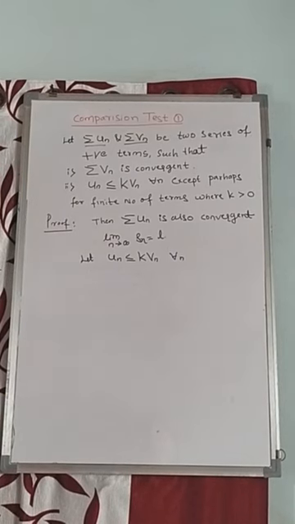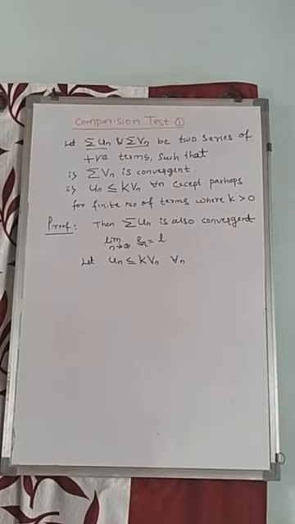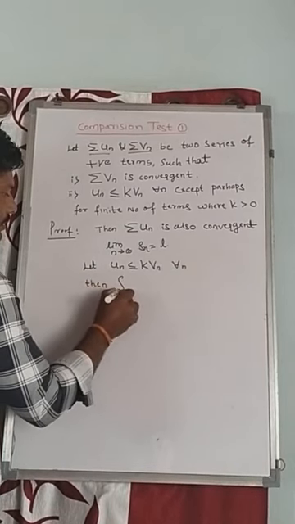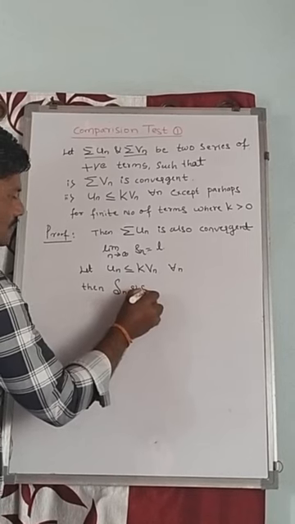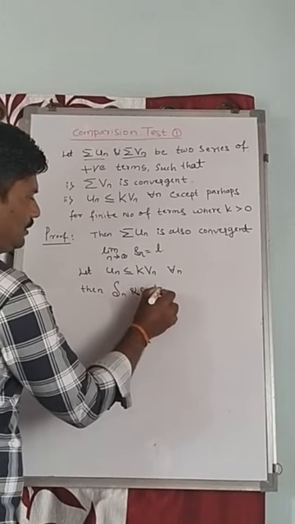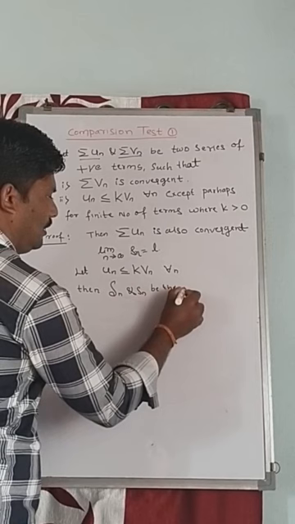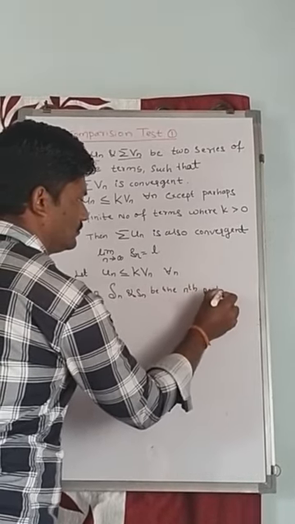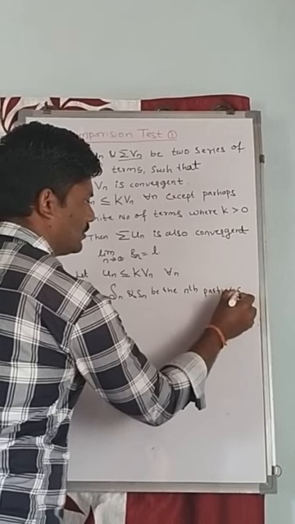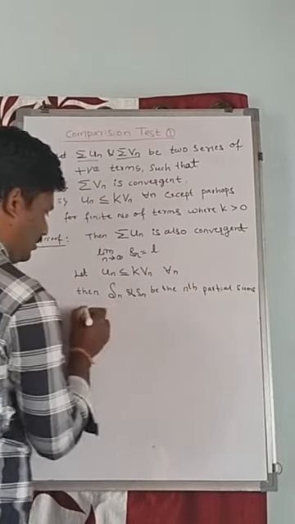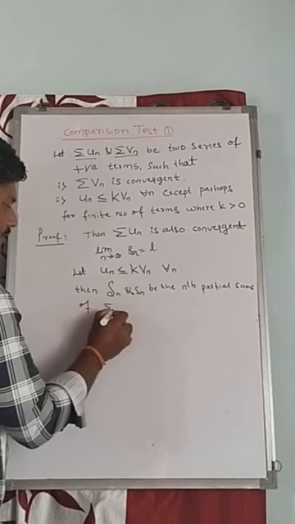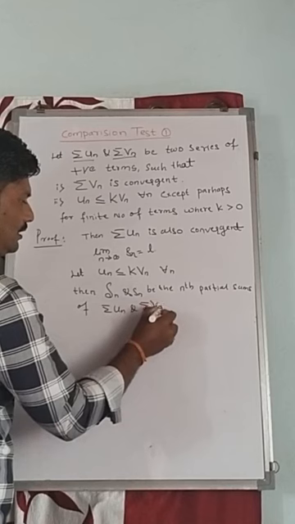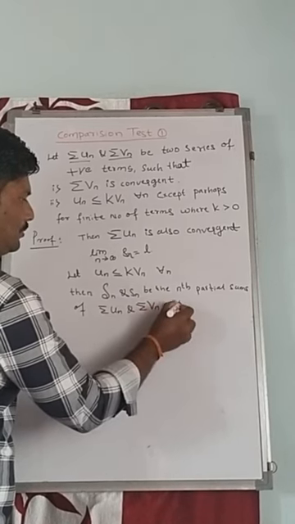Then let capital Sn and small sn be the nth partial sums of summation of un and summation of vn respectively.